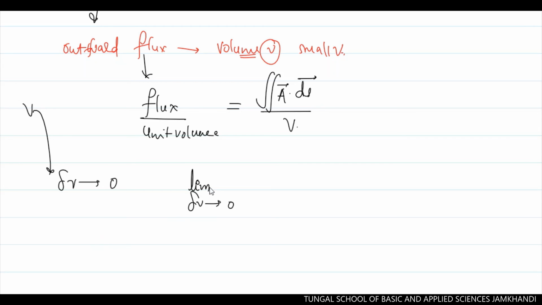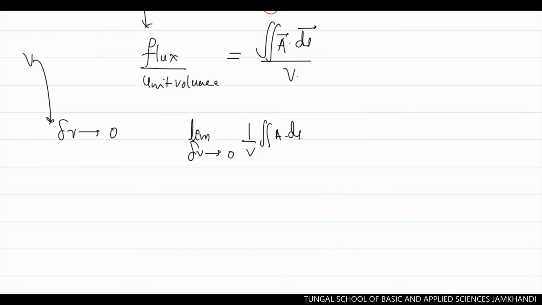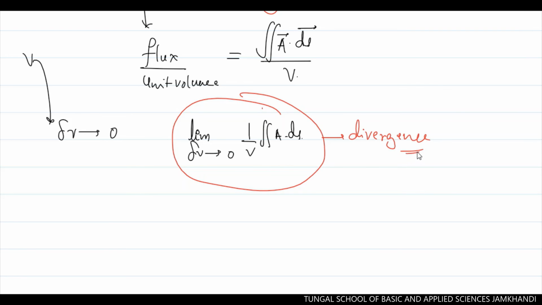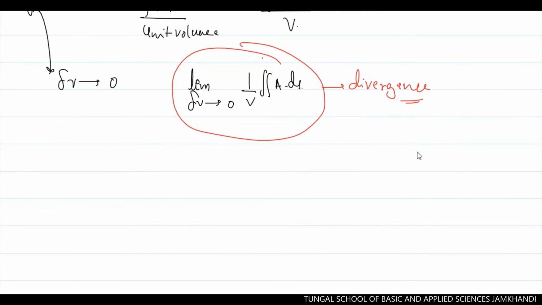If I apply the limit here, limit of 1 by V times the surface integral of A dot ds, this quantity represents the divergence. The divergence of a vector is nothing but the limit of delta V tending to 0 of 1 by V surface integral over A dot ds.